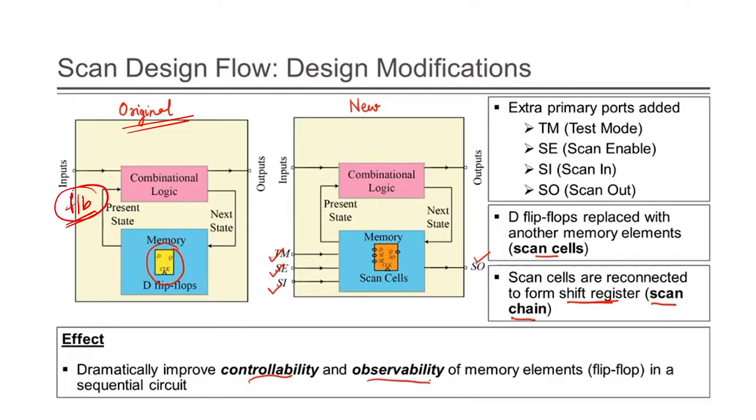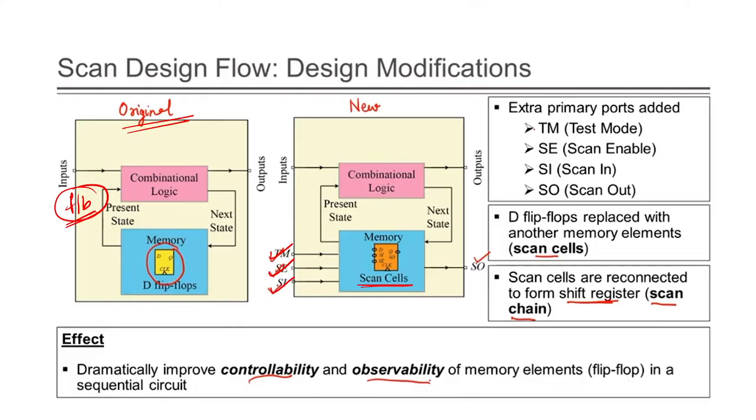So to test this, I am removing this memory element, that is the D flip-flop, and making it a scan cell. I'm giving three more inputs to this scan cell: TM, SE and SI.